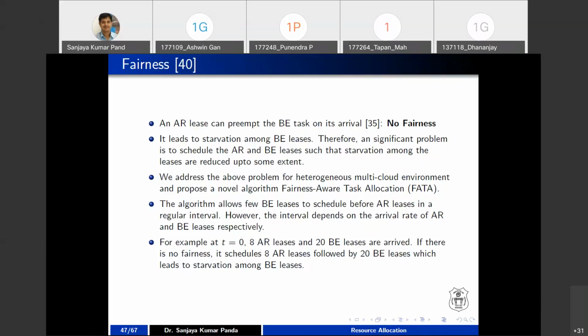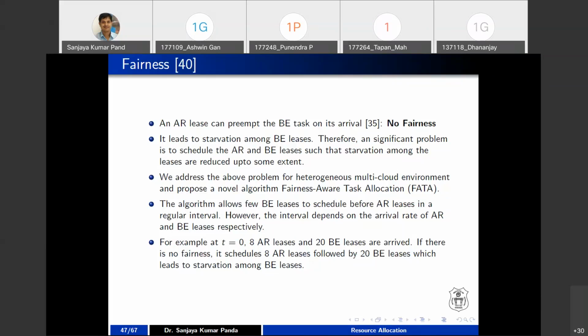For example, at t is equal to 0, assume that there are 8 advanced reservation leases and 20 best effort leases. In a normal scenario, what will happen? The 8 AR need to be scheduled first, and only then will the 20 B leases be scheduled.